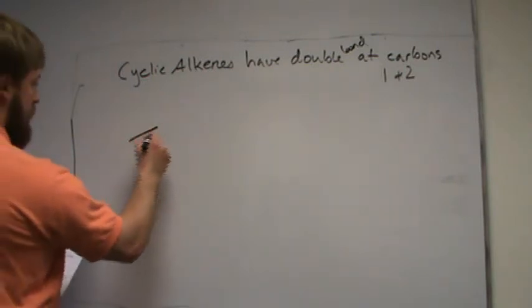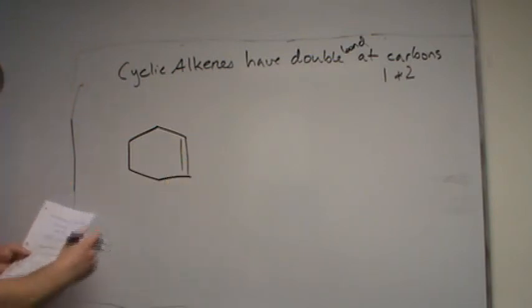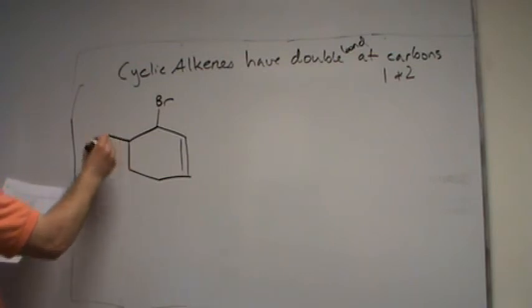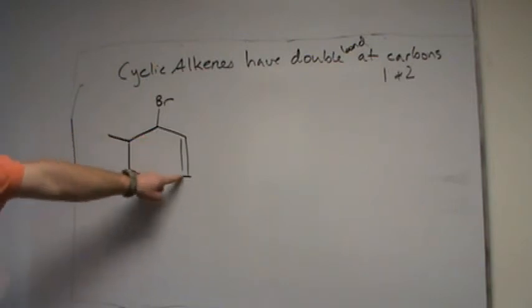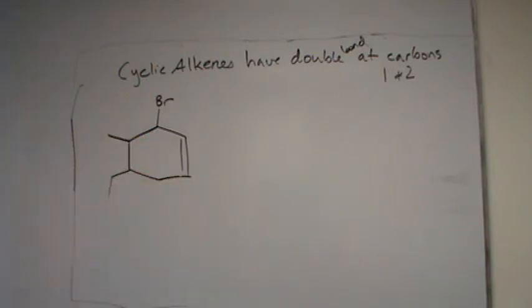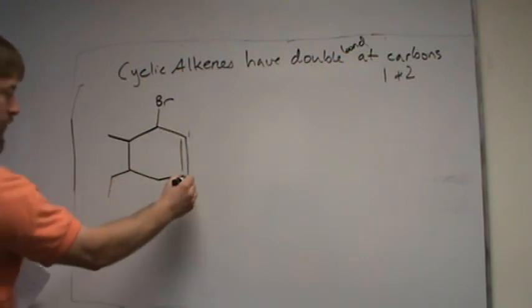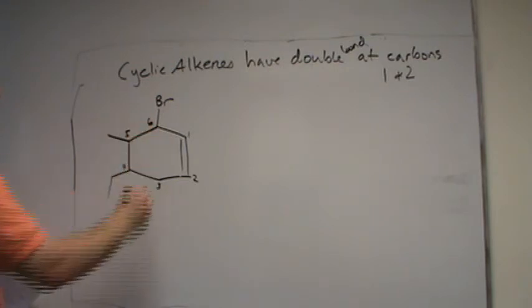Example, if you were given this cyclohexene compound to name. Looks pretty complicated. We know that either this carbon or this carbon is going to be carbon number 1. Our numbering has to go through the double bond. So if we start here with carbon number 1, carbon number 2 has to be here, and then 3, 4, 5, 6.